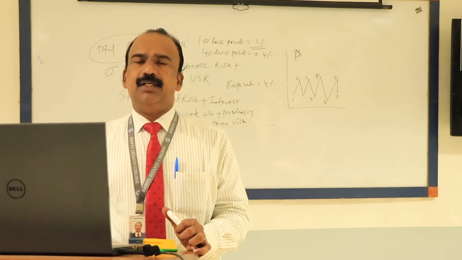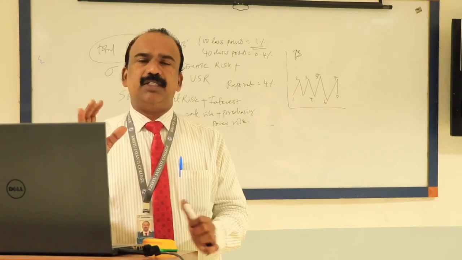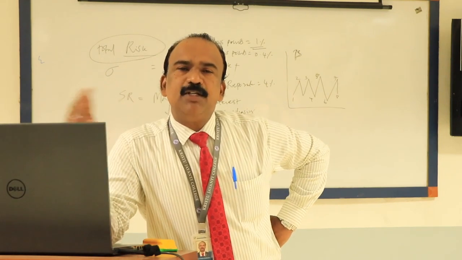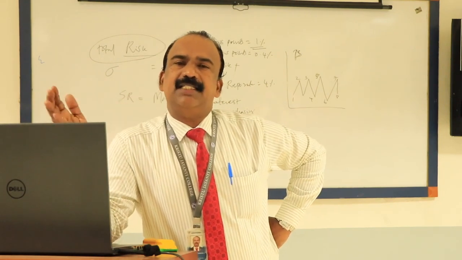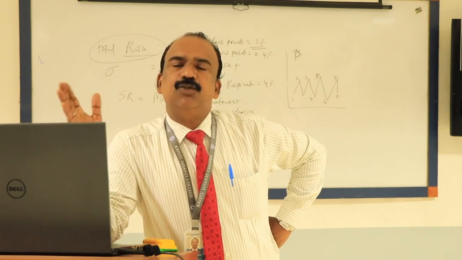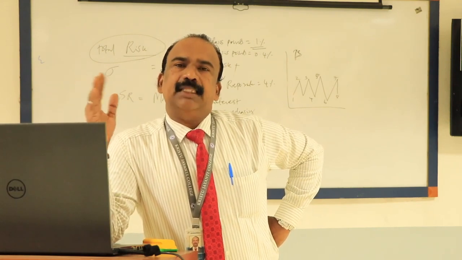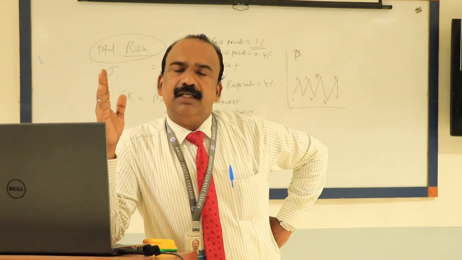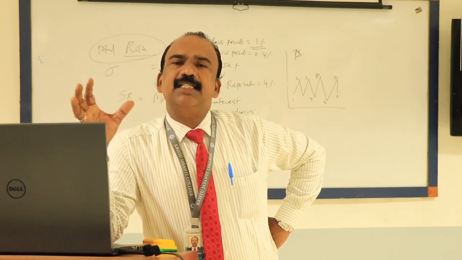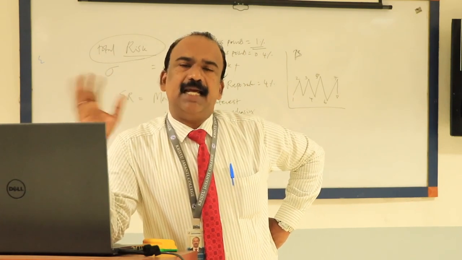Any clarification till now? We talked about the basic concept of risk and the relationship between risk and return of various asset classes. Risk refers to variability of return. Then we talked about total risk, which is the combination of systematic risk and unsystematic risk.